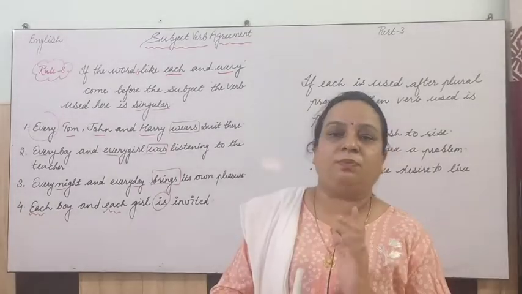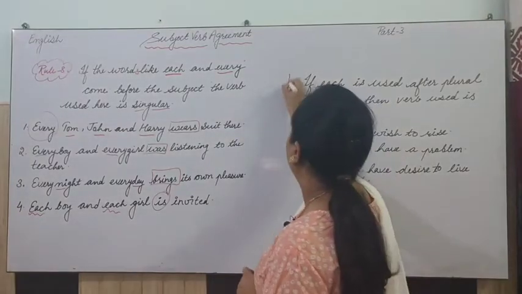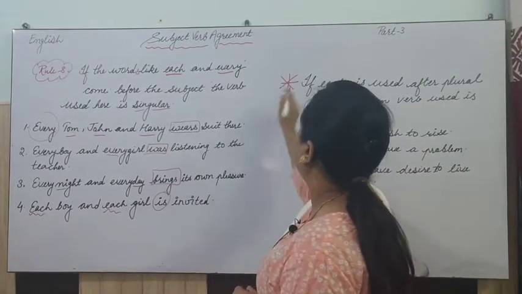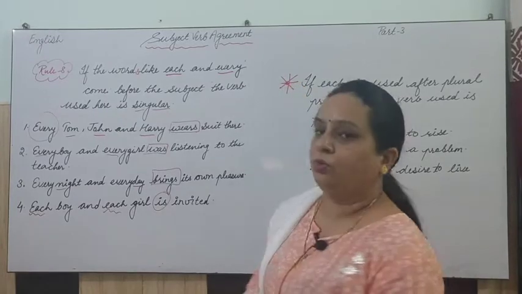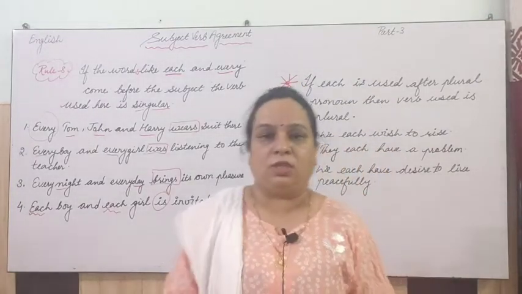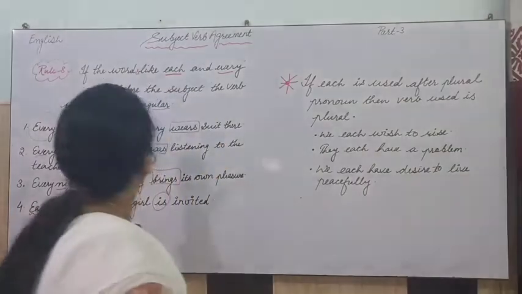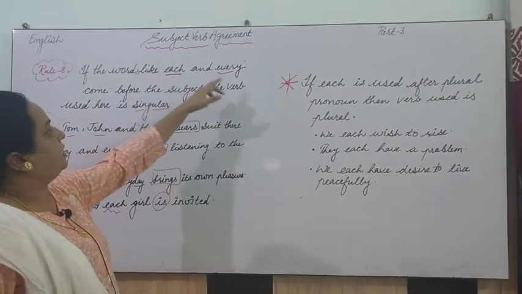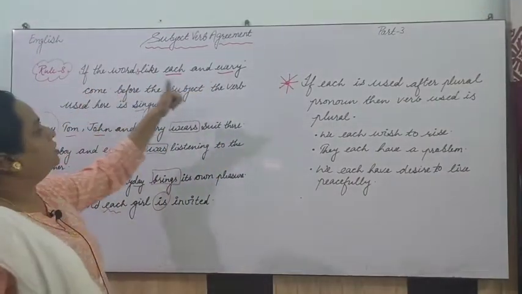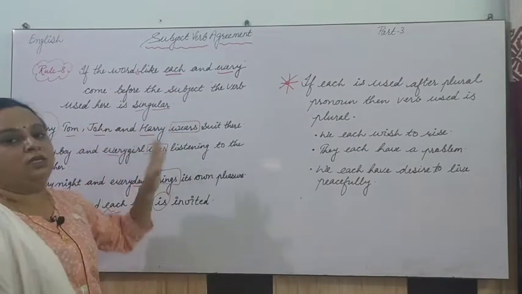Now there is one exception also in this rule number 8. You have to just make a star and note it down in your notebook, and it is quite important. I have told in rule number 8 that if the words like each and every come before the subject, the verb used here is singular.